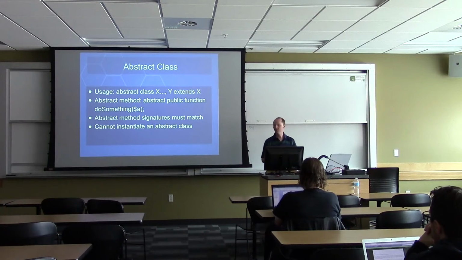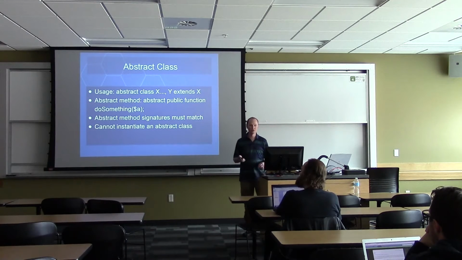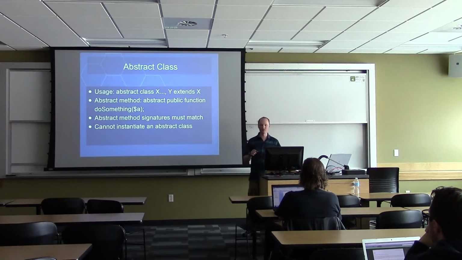So this would be, for example, abstract public function doSomething. Maybe it's abstract protected function doThis. When you have those abstract methods, you don't put any body inside of them, but the signatures must match when those are used by inheritance. So you won't spell out any details in there, and by signature I mean the method name and the variables passed in.